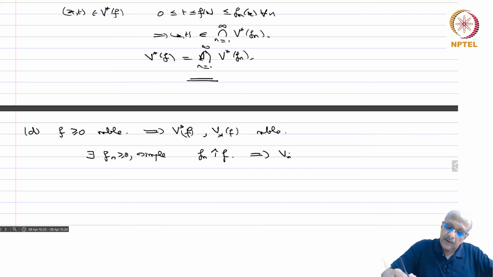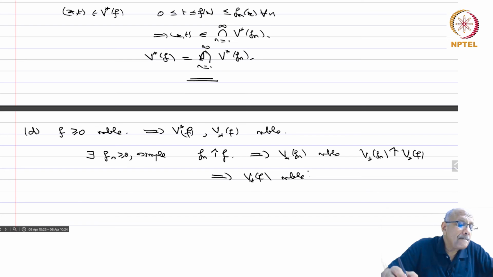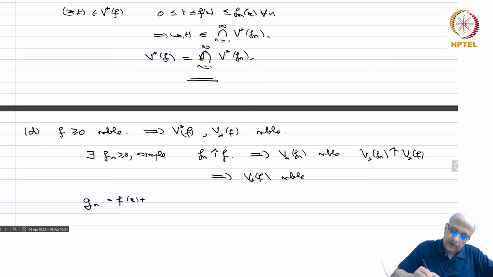Then V sub star f_n is measurable, and V sub star f_n increases to V sub star of f, and therefore this implies that V sub star of f is measurable. Now you let g_n equals f of x plus 1 by n.